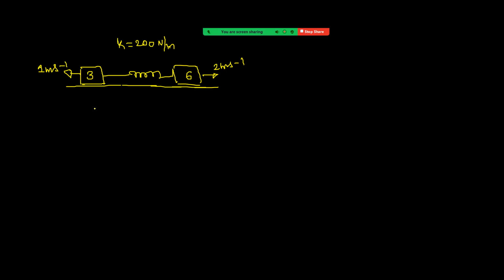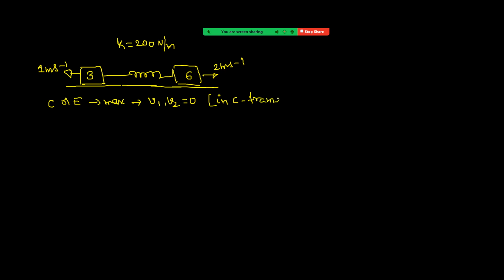And we can say when compression is maximum or elongation is maximum, okay, C for compression, E for elongation, maximum, in that case, they come to rest. Their velocities, you can say V1, V2, both will be equal to 0 in center of mass frame, not ground frame.